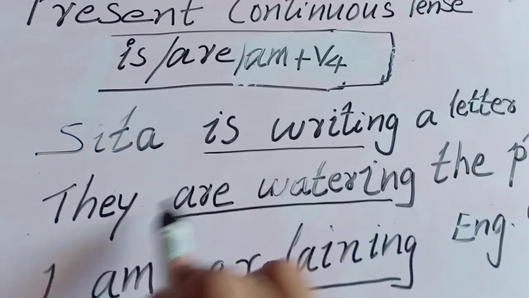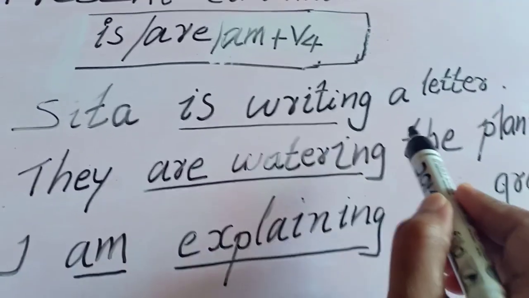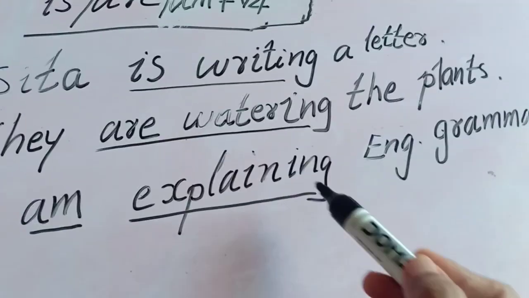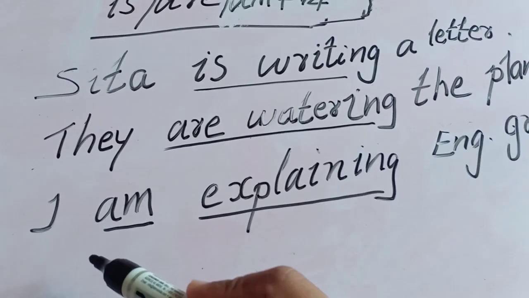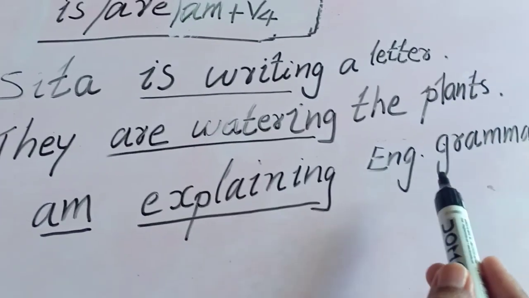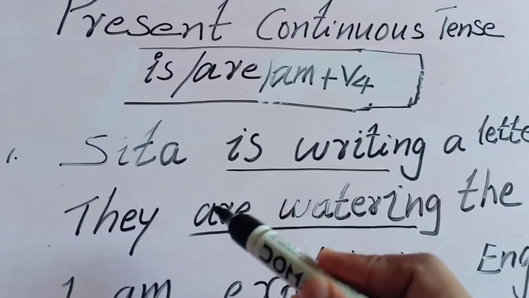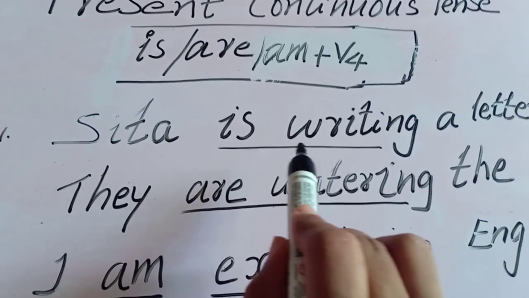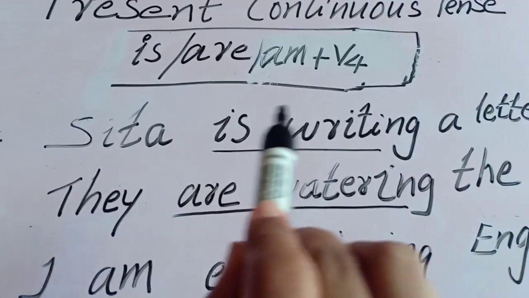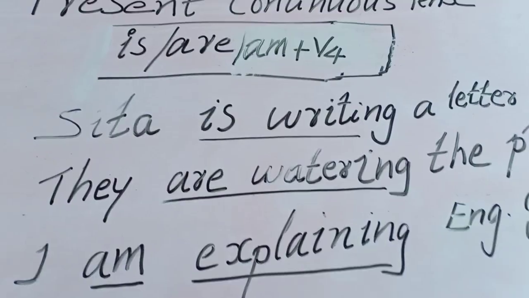And they are watering the plants means they are watering it now. And I am explaining English grammar. Since I am explaining grammar right now, I have written I am explaining English grammar. So the present continuous tense is used when the thing is going on. Whenever the work is going on, we have to use the present continuous tense. Okay.